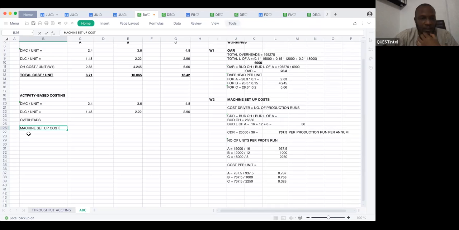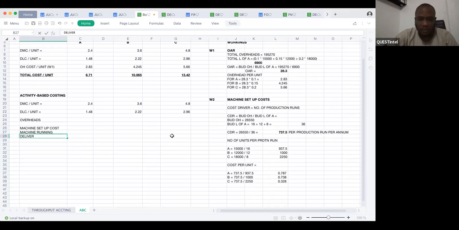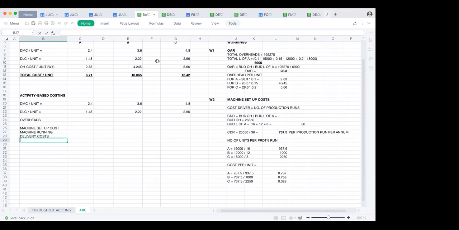Machine running, I think. Then was it delivery first? Yeah, delivery. So delivery cost. And what was the last one? Procurement.